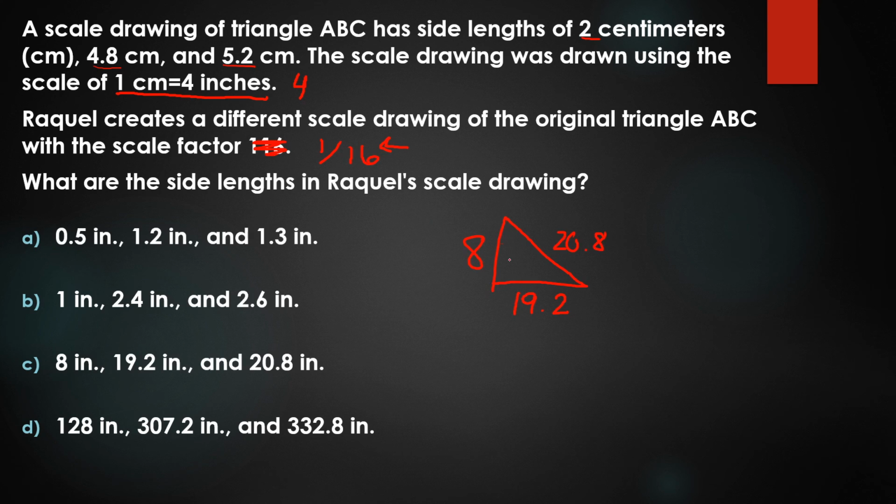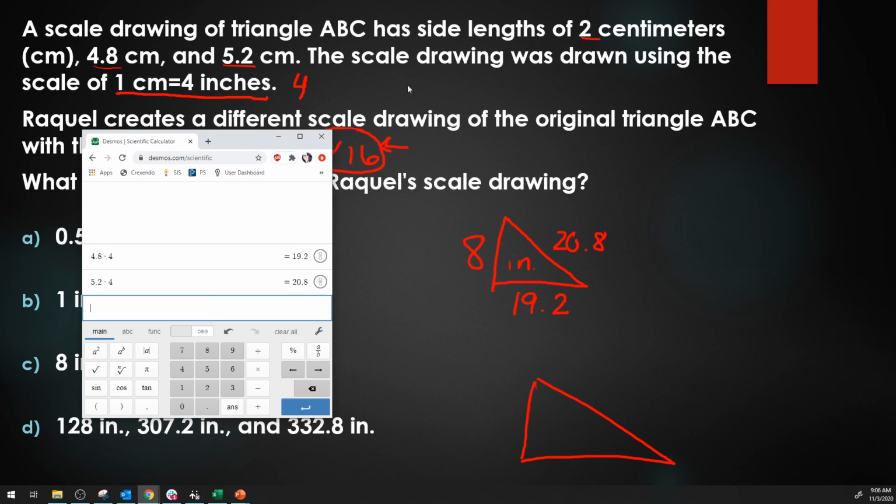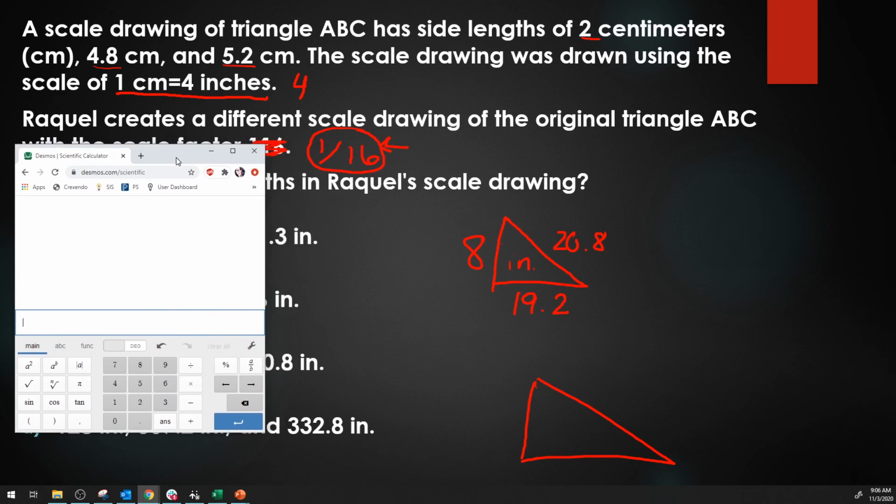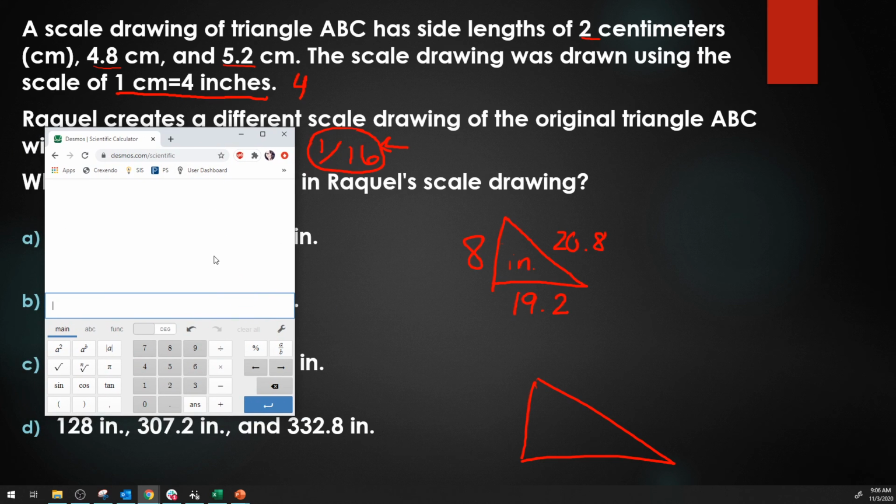Okay, so this is my inches triangle. That was our first scale factor. Now we need to take this and we need to multiply all 3 of these sides by our new scale factor, which is 1 over 16. And when we do that, we will get our new triangle down here. So I'm going to take all 3 of those sides and I'm going to multiply it by 1 over 16 using our calculator.